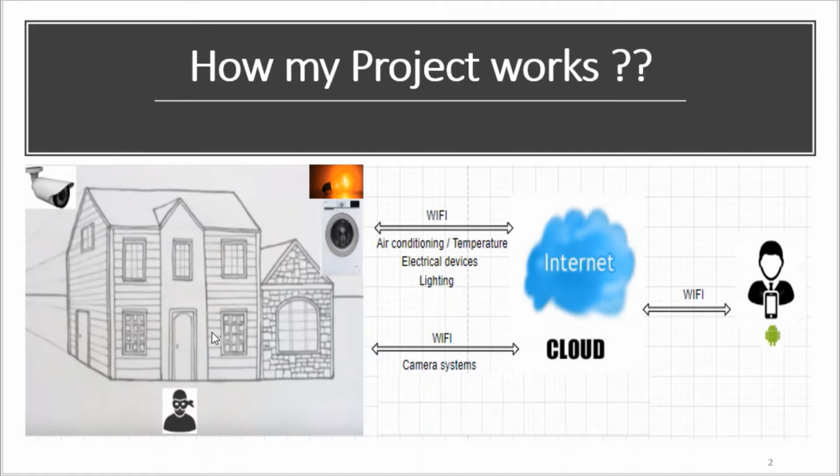After the motion sensor works, the notification will be sent to the Android application, and from the Android application we can open the application and see, using the camera, who opened the door. At the same time, we can turn the electric device on or off using the Android application.